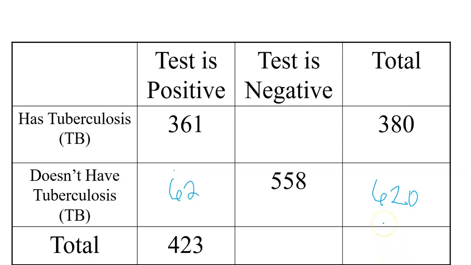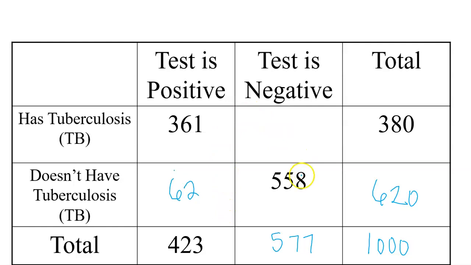So 620 plus 380 is 1,000. And now we can fill in these other blanks. I know 423 plus all the people who test negative should equal 1,000. So 1,000 minus 423 is 577.